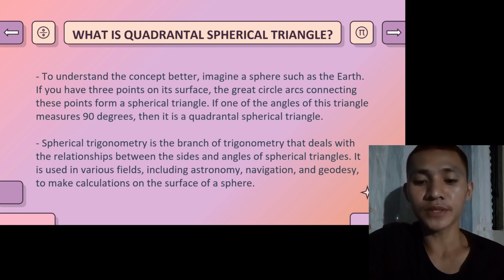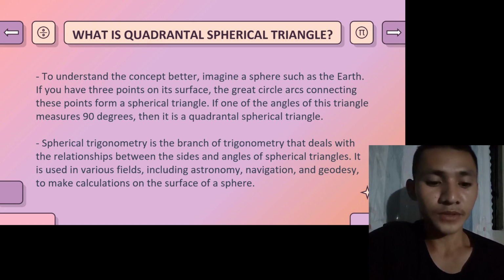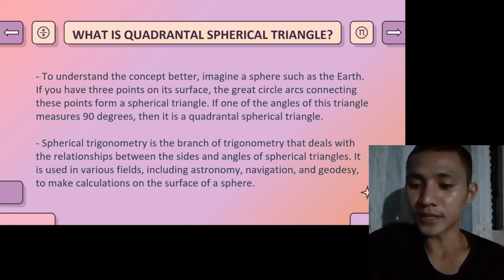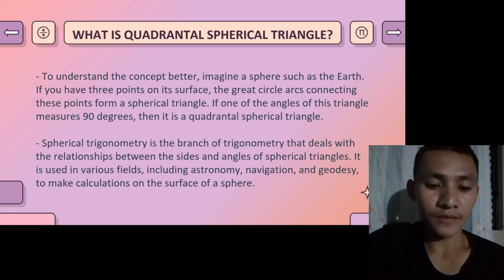Spherical trigonometry is the branch of trigonometry that deals with the relationship between the sides and angles of the spherical triangle. It is used in various fields including astronomy, navigation, and geodesy to make calculations on the surface of the sphere.